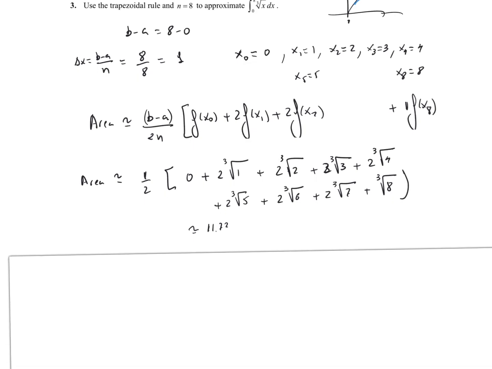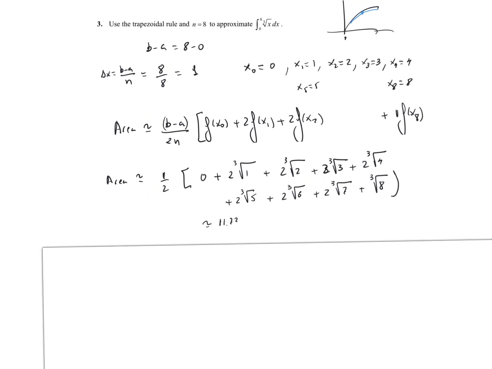So the actual area will be the integral from x equals 0 to x equals 8 of x raised to the 1/3 dx, which is x raised to the 1/3 plus 1 divided by 1/3 plus 1. So this is x raised to the 4/3 divided by 4/3, which is 3/4 times x to the 4/3, evaluated between 0 and 8.